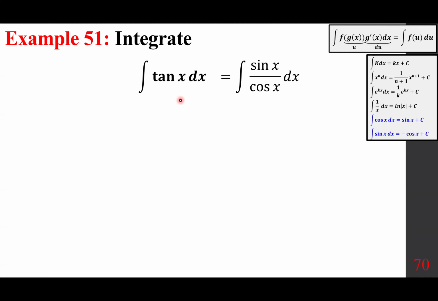Now, whenever you have a fractional format, the first step is to simplify. When you can't, the denominator is a choice of u. So if u is cosine, du is, the derivative is negative sine x. Du is negative sine x, dx.